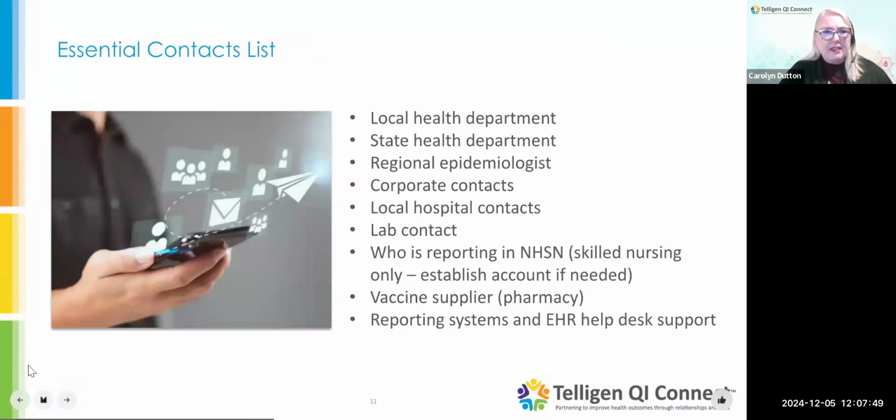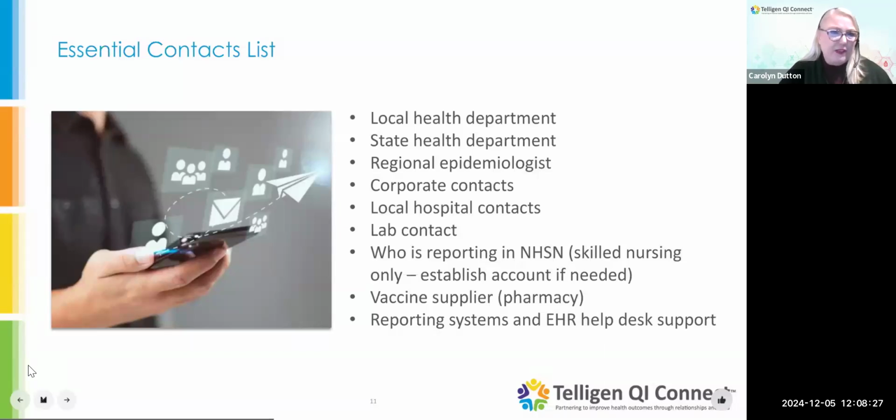So one of the tools that I feel is essential for any IP to have is a contact list. Do you already have one of these handy? If not, it would probably be beneficial for you to establish a specific point of contact with all of these agencies that I've listed here. As the IP, you're going to need to ensure that you have that point of contact for the organization, just to make sure that if something arises, you can reach out and get in contact with someone.